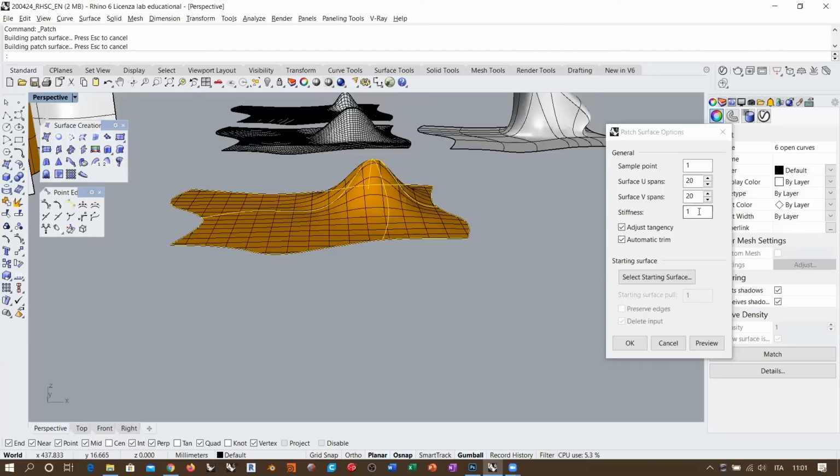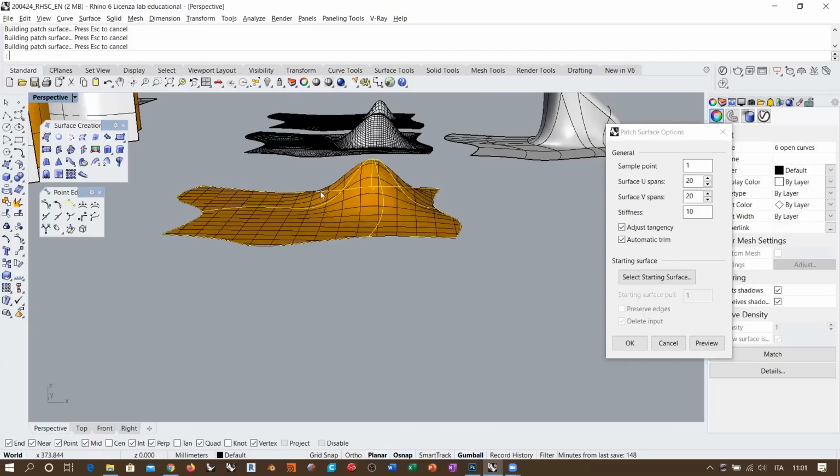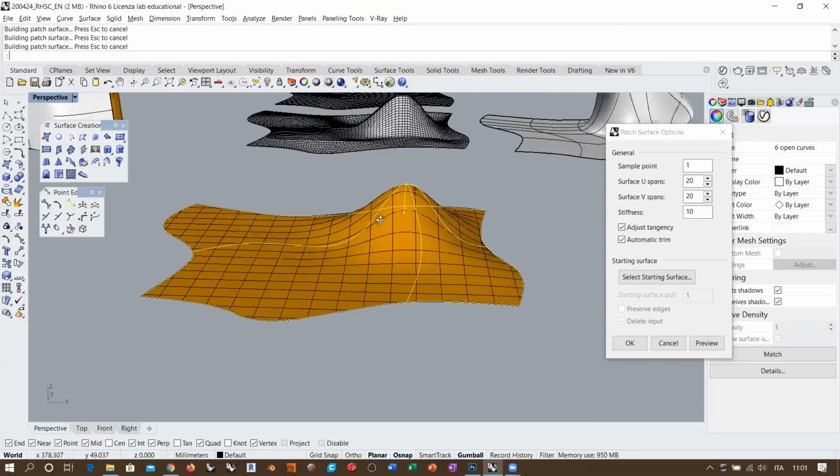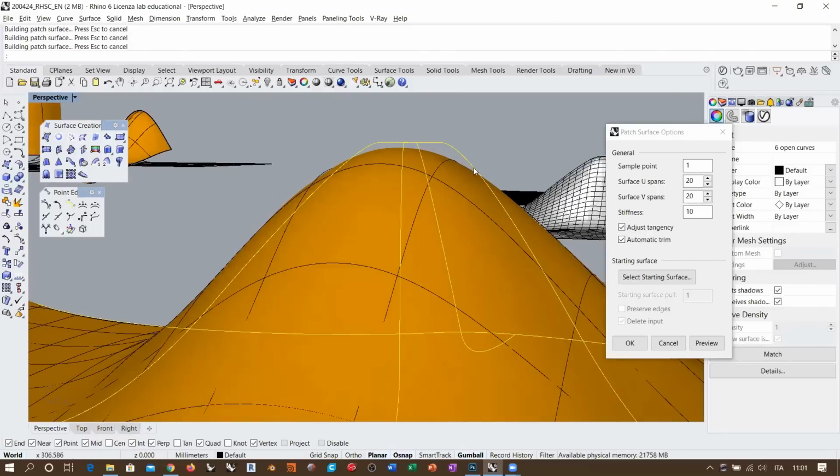If I say that this surface is more stiff, like for example 10, the local deformability of the surface is going to be reduced in order to create a smoother result. But this will also affect the way that the patch can reach out for the input geometry.